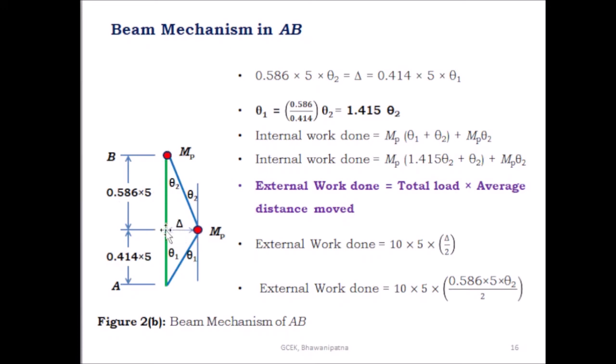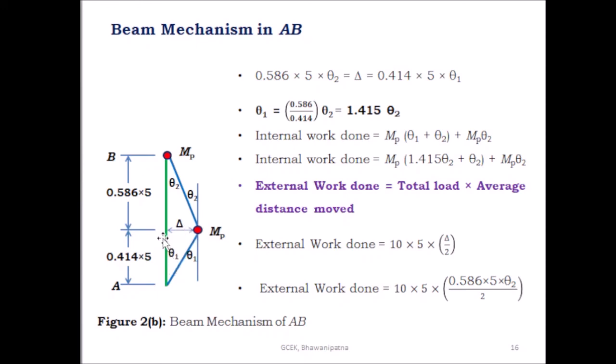Let us take the virtual displacement at the maximum bending moment section as delta, and this is the plastic hinge. The plastic moment of plastic hinge B is MP, and the rotation takes place at A as theta 1 and at B as theta 2. You have to find the relation between delta, theta 1 and theta 2.